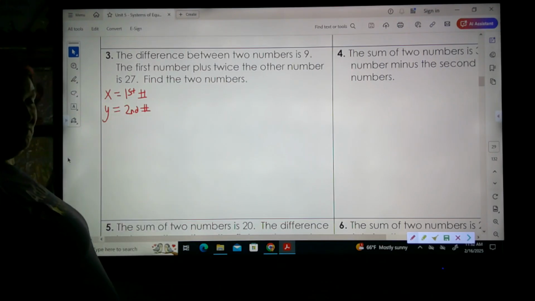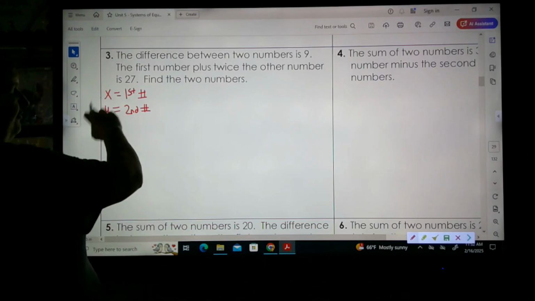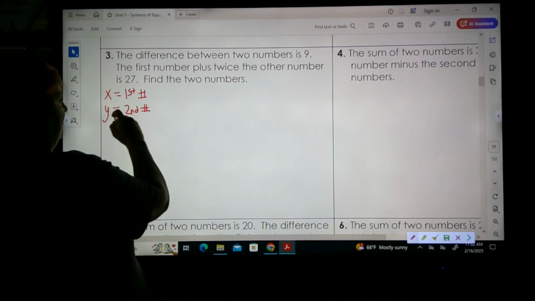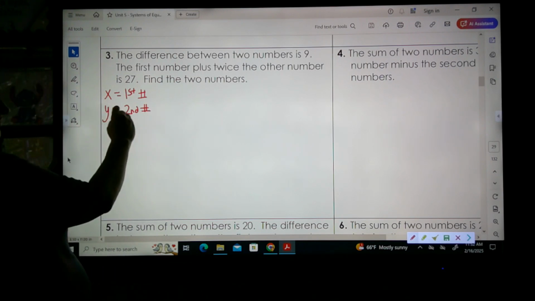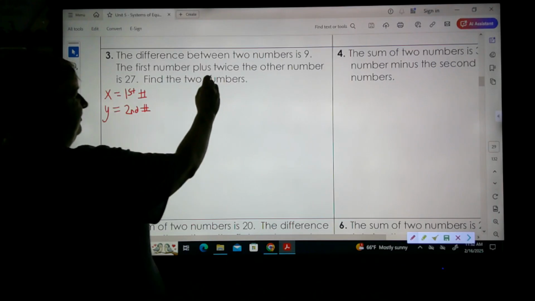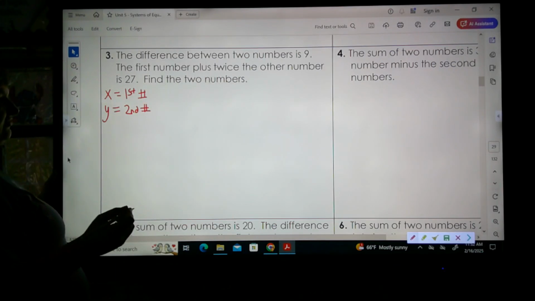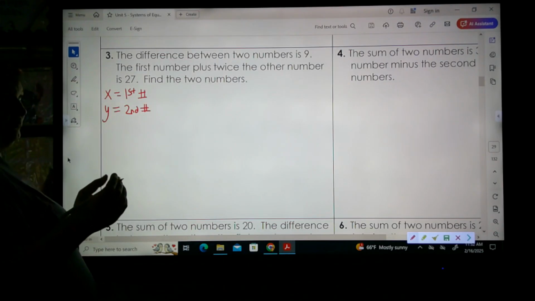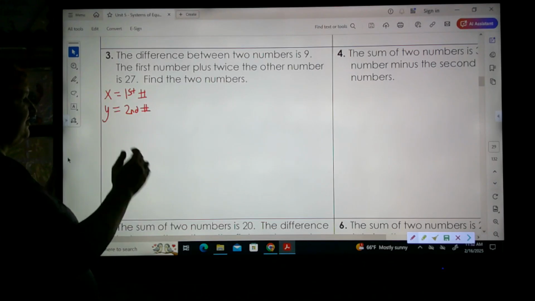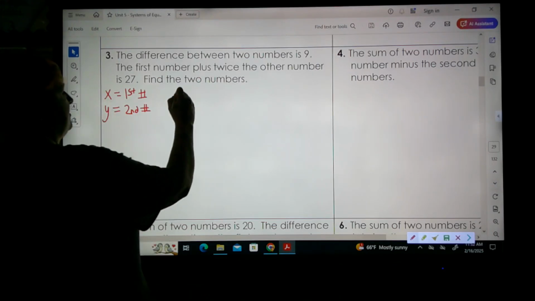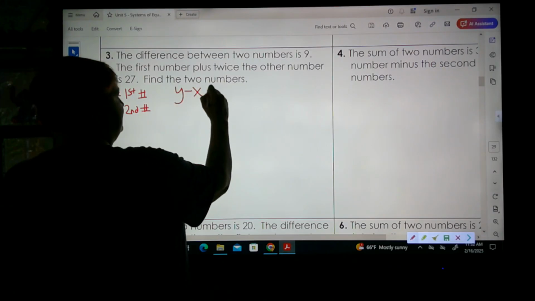Now we have to write our equations. So the difference between the two numbers is 9. So again, we want the bigger number. The first number plus twice the other number is 27. We can assume the bigger number is the second number. I might be wrong, but let's find out. So y minus x equals 9.